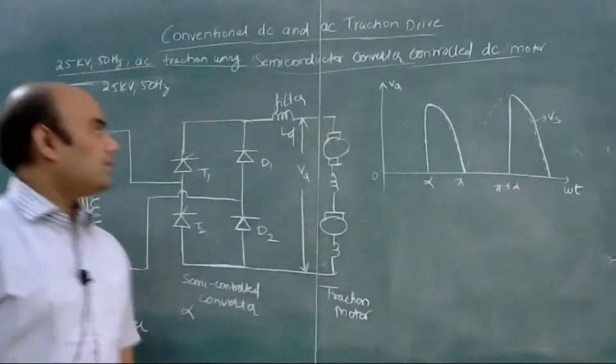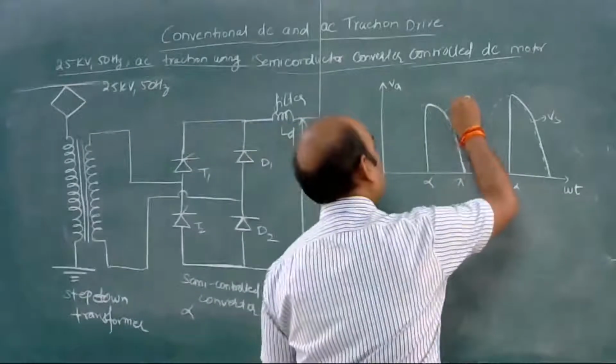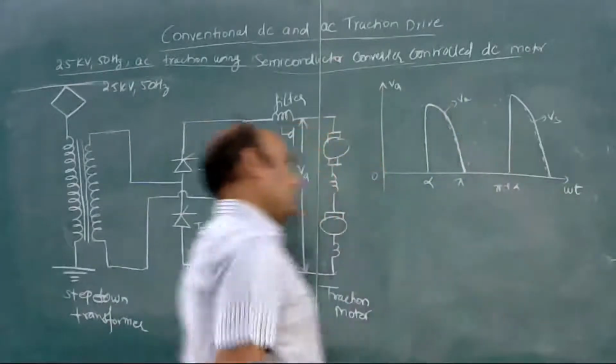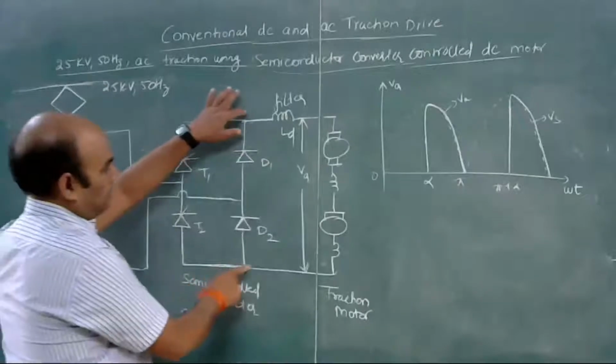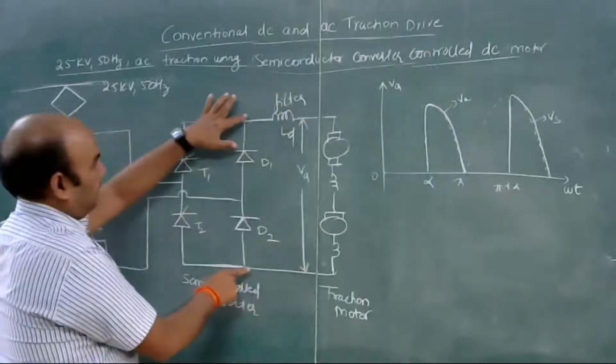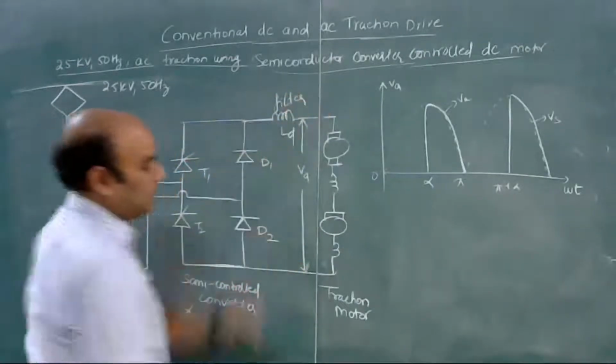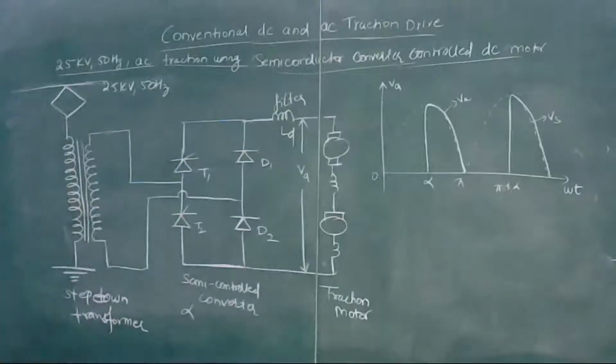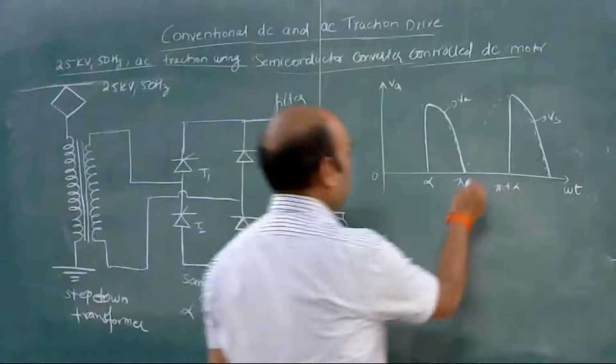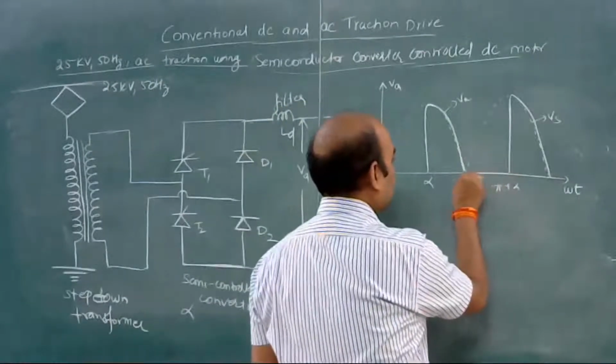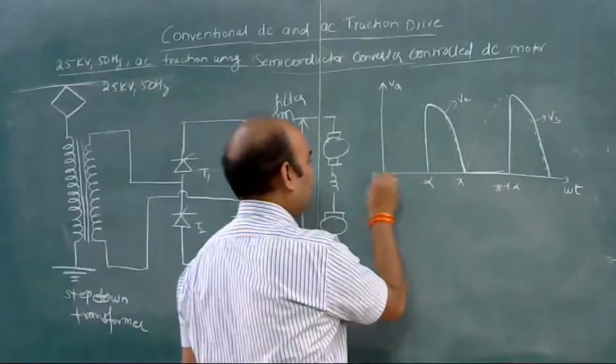Okay, so this is the output of this rectifier, and this is the input to these traction motors. Okay, so this is the freewheeling period. Okay, so this period is from 0 to alpha.